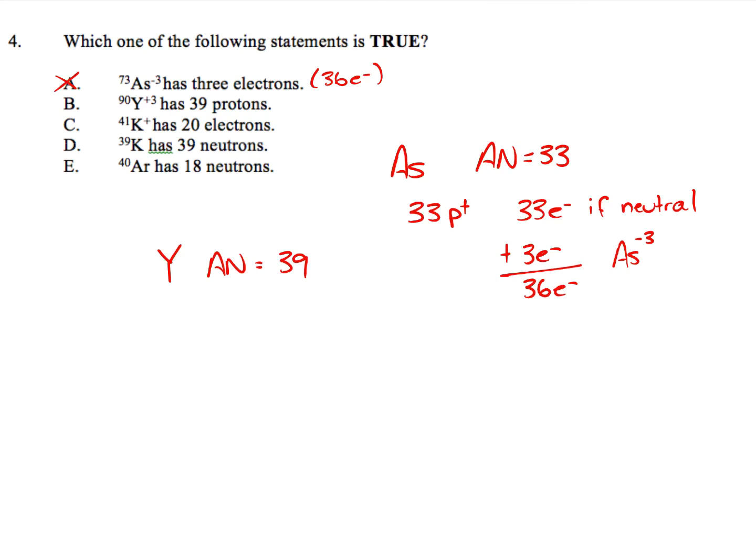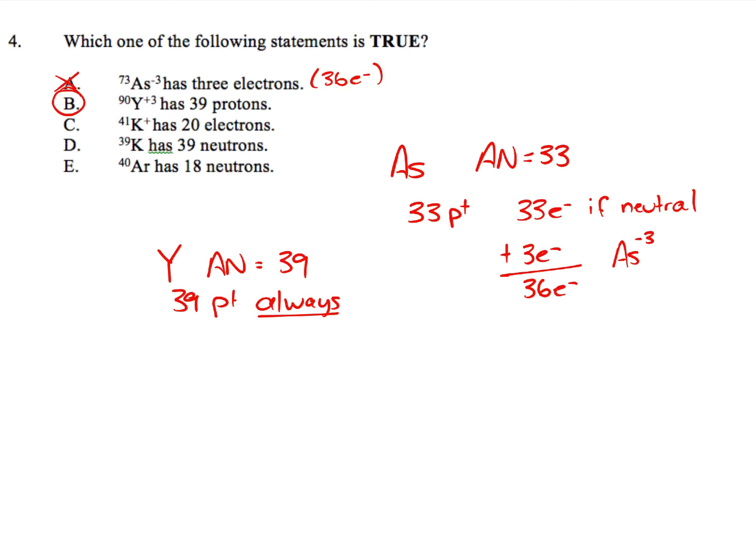That means it has 39 protons, always. Doesn't matter if it's an ion or not. It doesn't matter if it has a charge. It always has 39 protons. So for this one, B has to be true. But let's just run through the other ones.